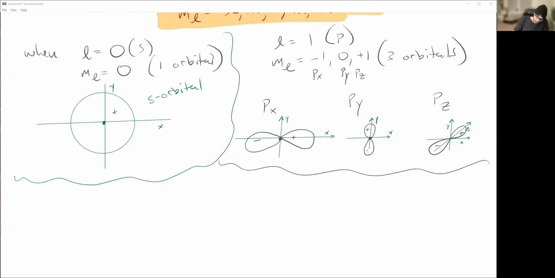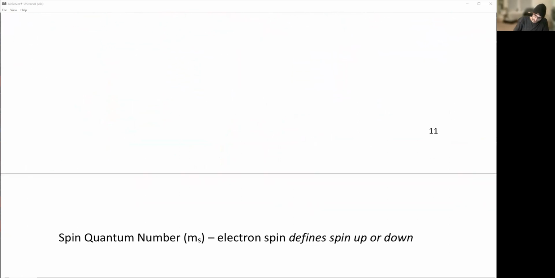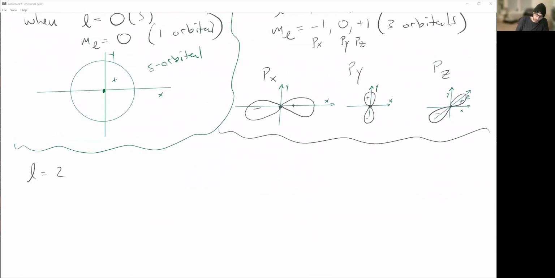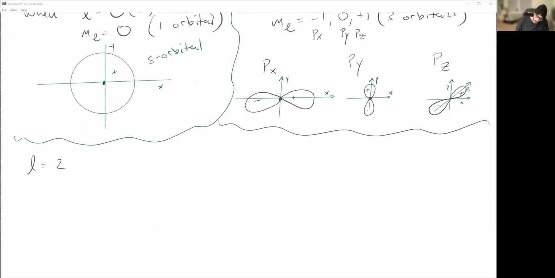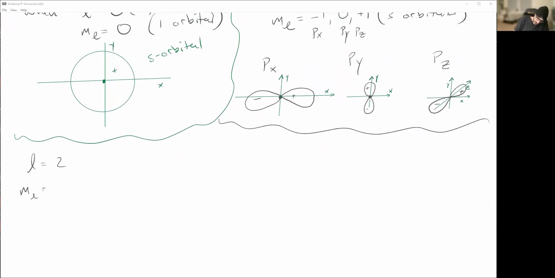All right, next up, if L is equal to 2, I think hopefully we have this down here. Oh, we don't. If L is equal to 2, my M sub L values can equal -2, -1, 0, +1, +2. This is the D orbital or D subshell, giving us 5 possible orbitals.